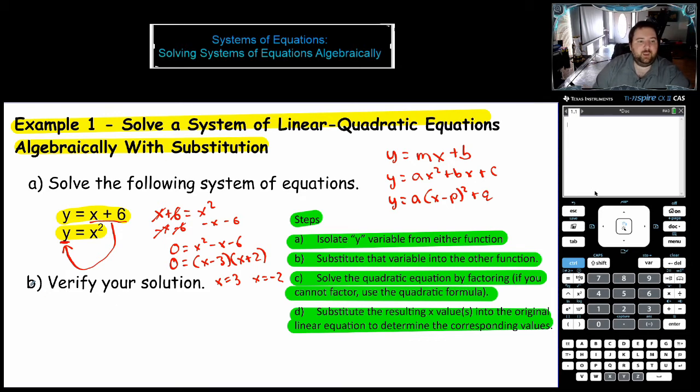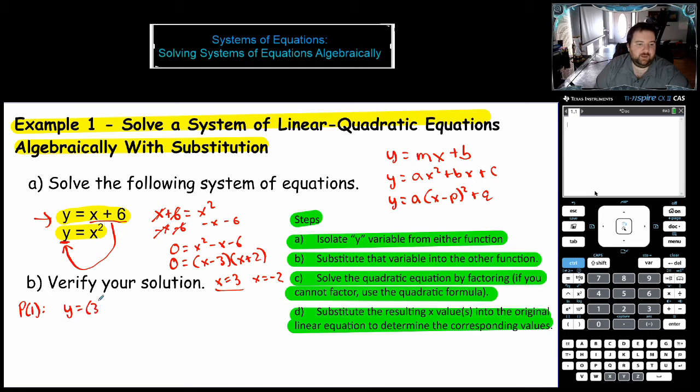So, for our first point, we'll call it P1, we know that the x value is 3. I'm going to get rid of the equal sign and do that. So I'm solving for the first point. And we have this formula here. Y equals, our x value, of course, is 3.